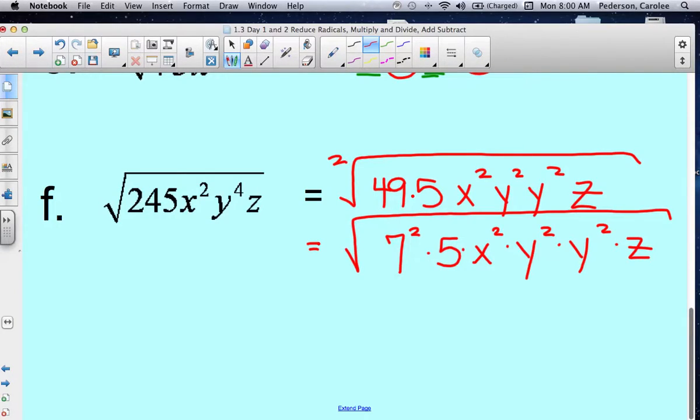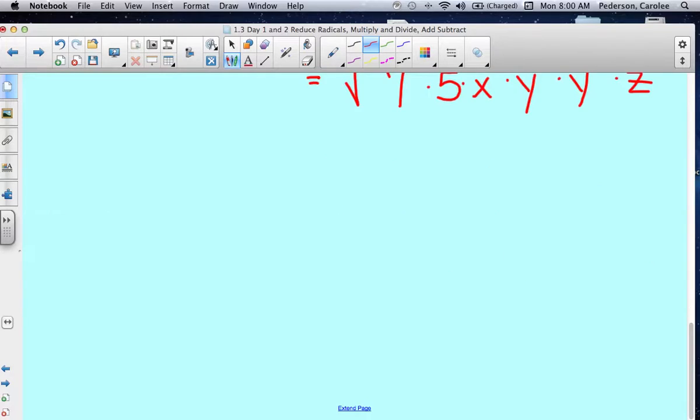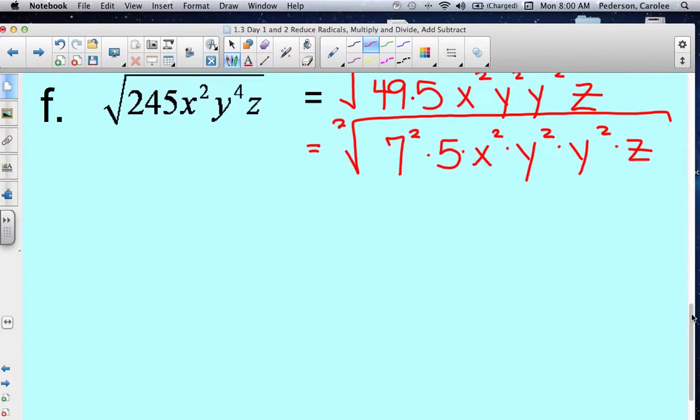Anything that is a perfect square is going to pop out. So if I underline the perfect squares, the square root of 49 is 7, the square root of x squared is x, the square root of y squared is y, the square root of y squared is y. So those are going to go out in front. So I have 7, x, y, y.